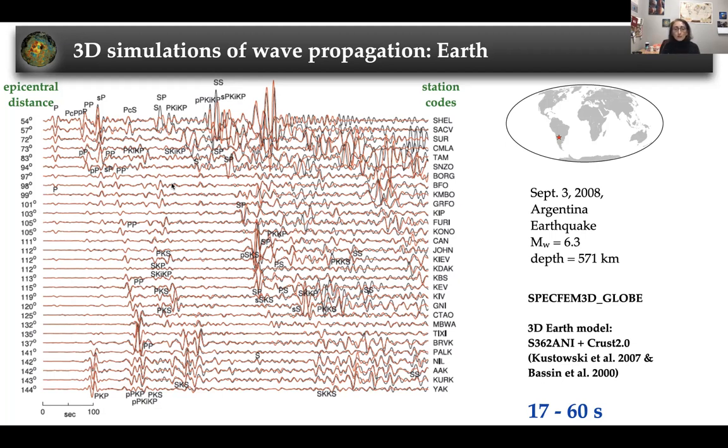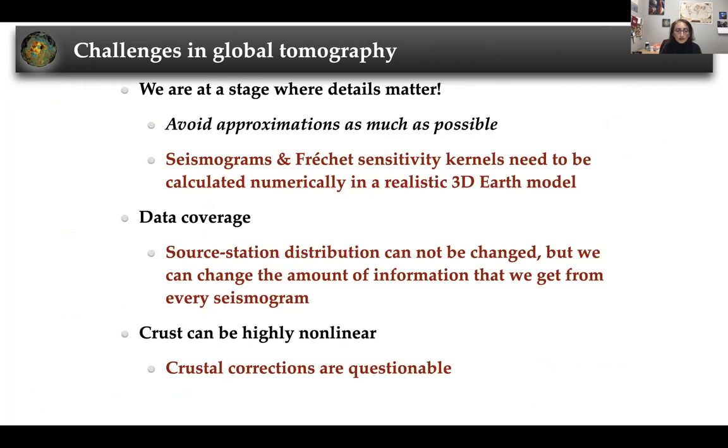But the nicest part of full waveform modeling, where you incorporate 3D wave simulations, is that now we can use anything and everything. So in the ideal case, we can use the complete seismograms on 3 components, which dramatically increases the data coverage.